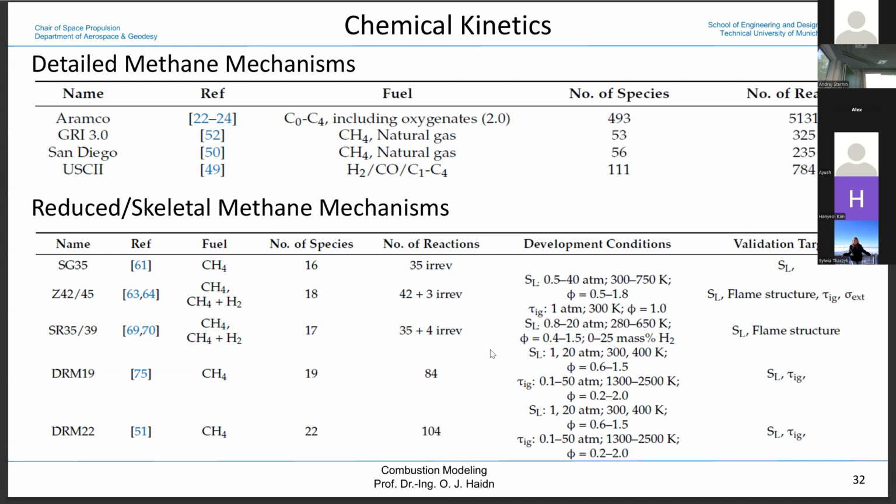So laminar flame speed. We've done this together with Dr. Slavinsky in development, and we were using different kinds of experiments from different groups. We were using different kinds of mechanisms, different initial temperatures, different mixture ratios.